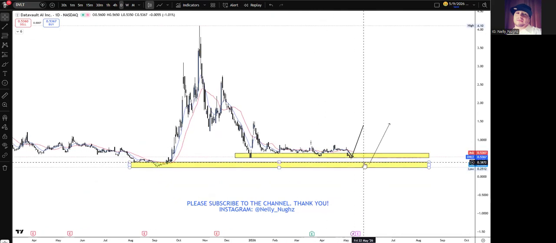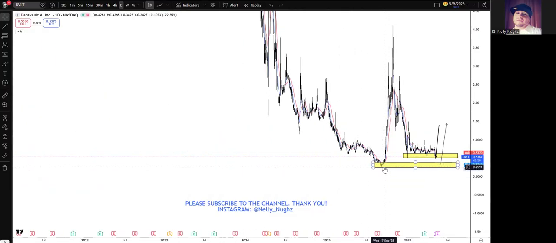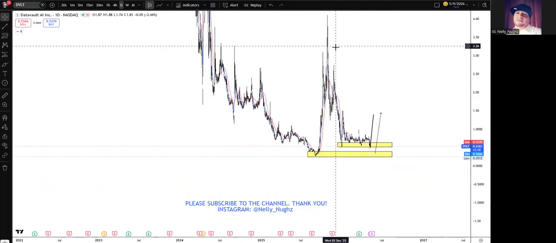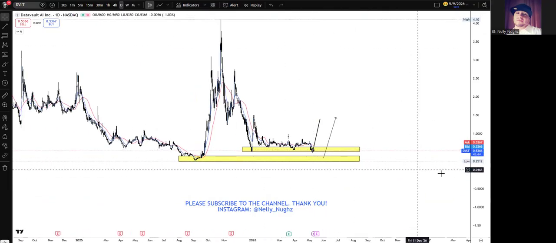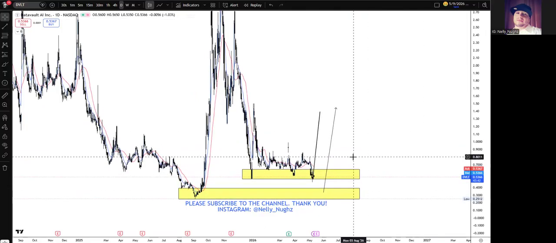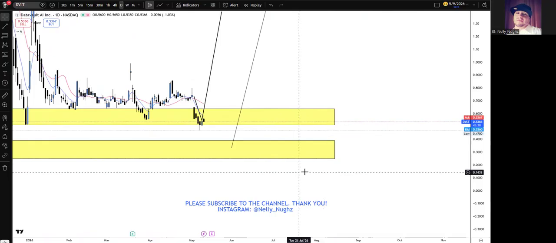Can it go down lower? Absolutely. This is why I also have this area here around that 30-cent mark. Now, if you were to go ahead and enter around this area, you'd be doing so at a very strong level of support here. But if it ends up holding from this 56-cent area, then we can absolutely see some buyers starting to step in.